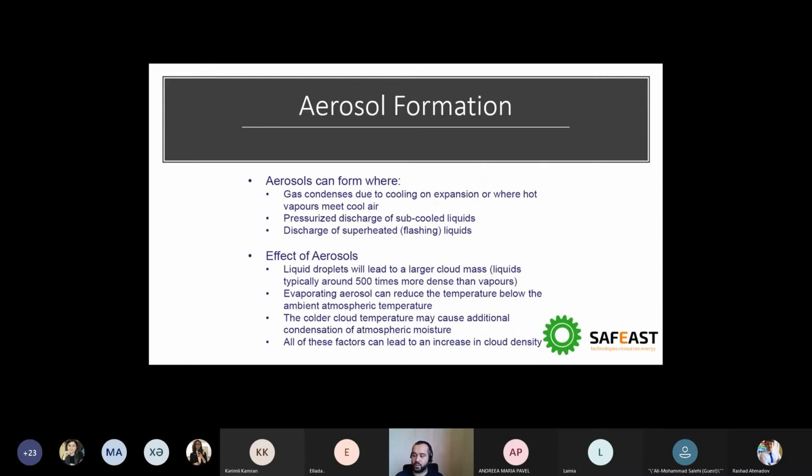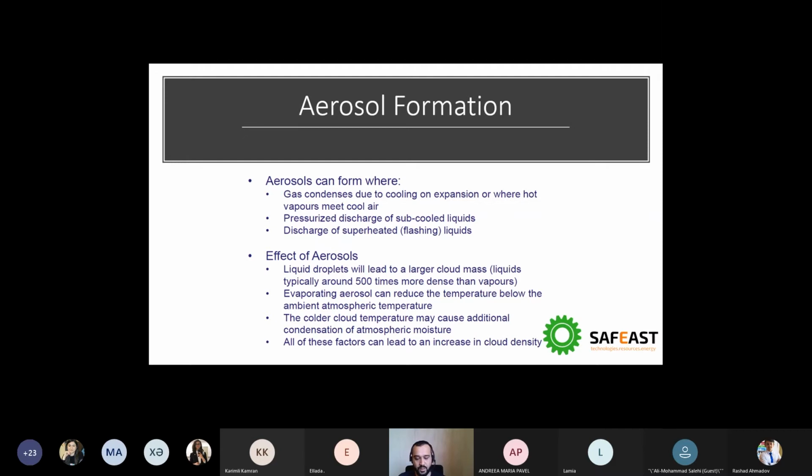And another one of the main characteristics in source term modeling is aerosol formation. Aerosol formation is a characteristic which should be considered and can change your consequence modeling results dramatically, because when you do certain modeling, you make certain assumptions.